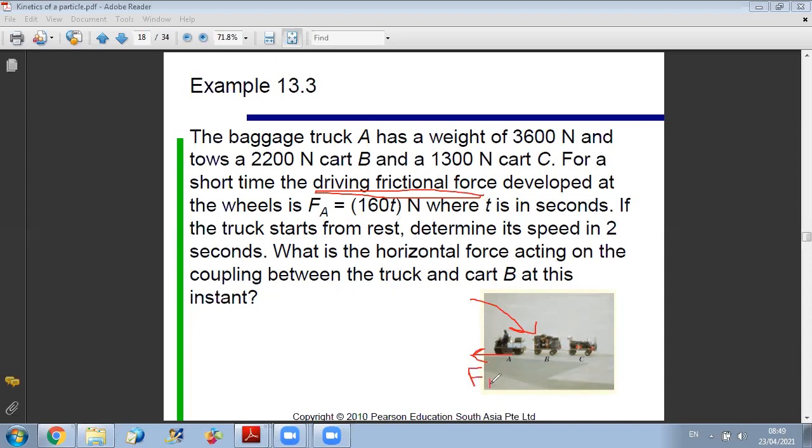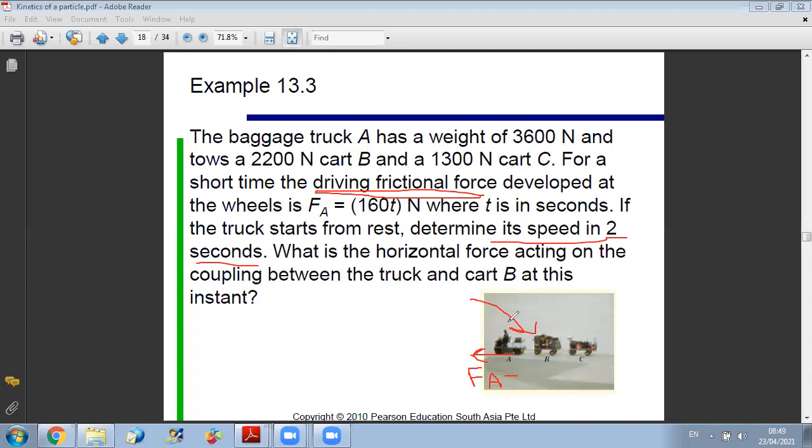Fa is given by 160 T, and they want me to determine the speed of the system in 2 seconds. First, if I want to draw the free body diagram, I have Fa. It's the only force along X. It's the driving force.